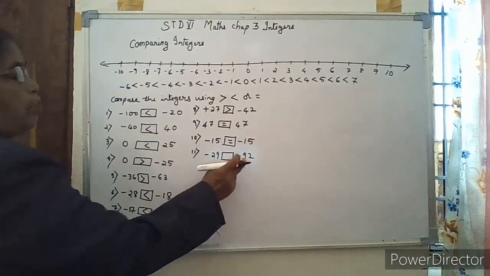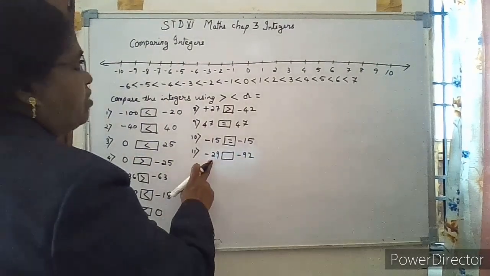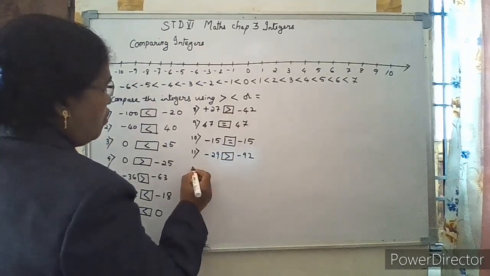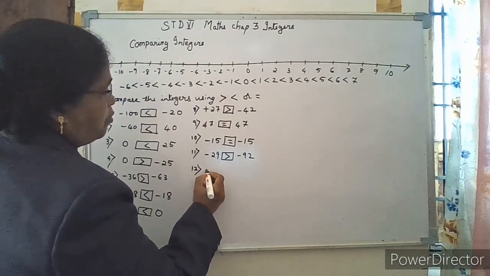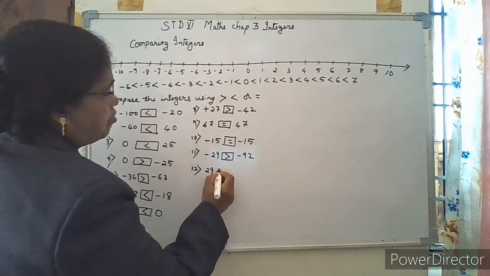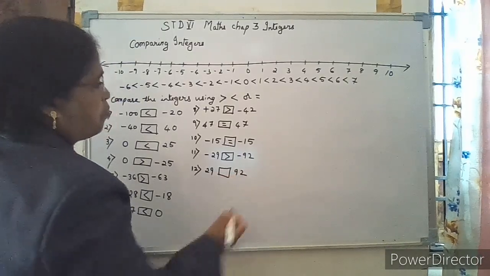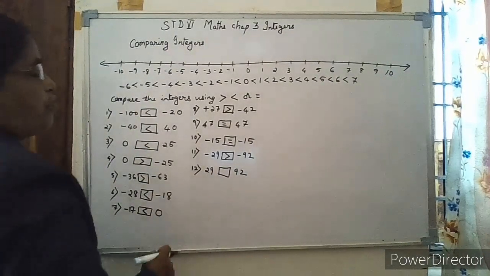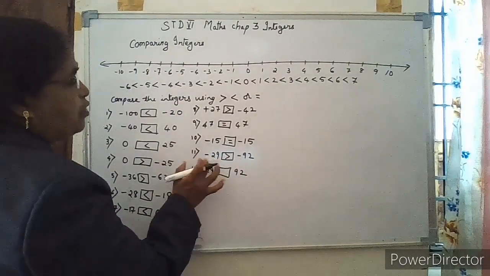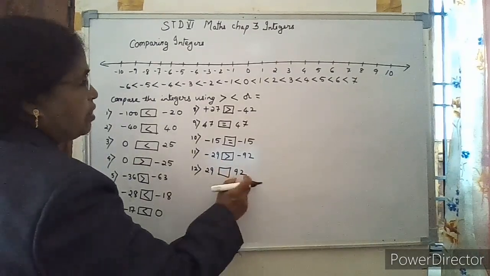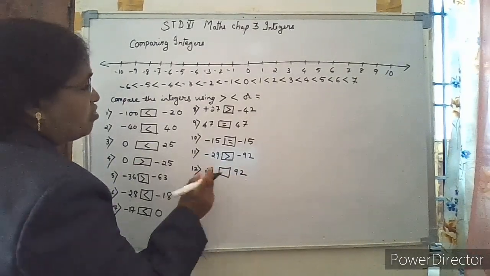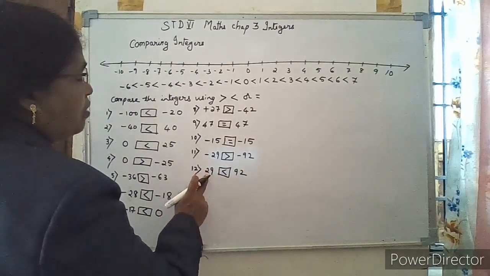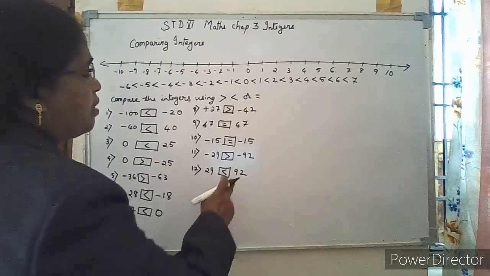Minus 29 and minus 92. Minus 29 is greater than minus 92. If I take another one, suppose plus 29 and plus 92, when both are positive, the same numbers: when they are negative, minus 29 is greater, but when both are positive, plus 29 is smaller than plus 92.